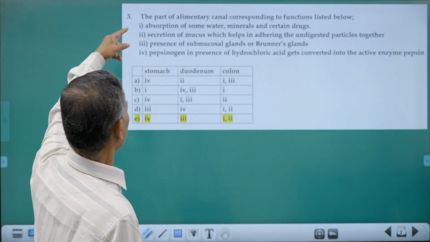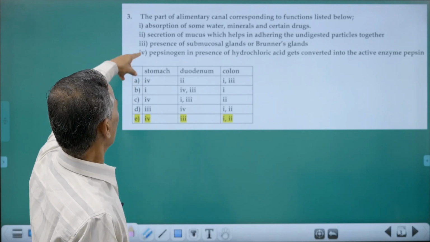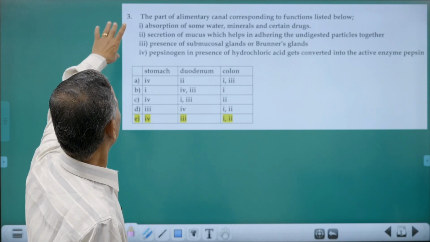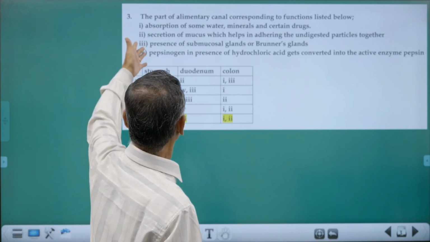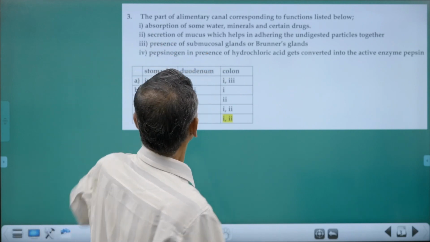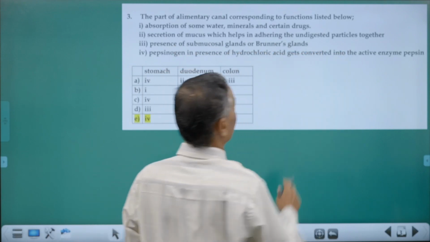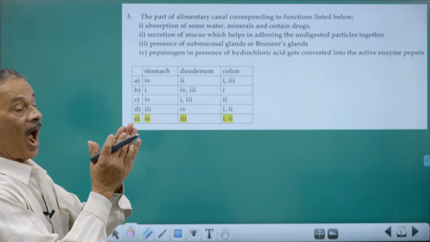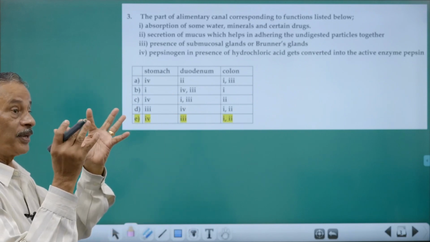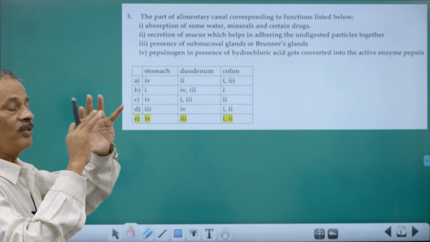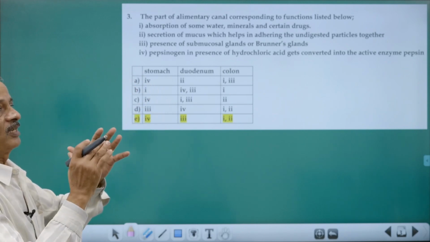Now you can answer this question. Absorption of some water, minerals and certain drugs. In the stomach, what is absorbed? It is not like that. It is the secretion of mucus which helps in attachment of undigestible materials. Undigestible materials are pushed to the colon, and the colon wall has an abundance of mucus secreting cells.